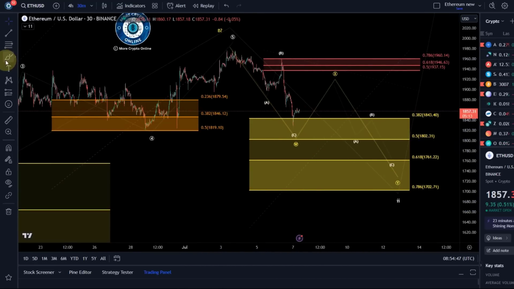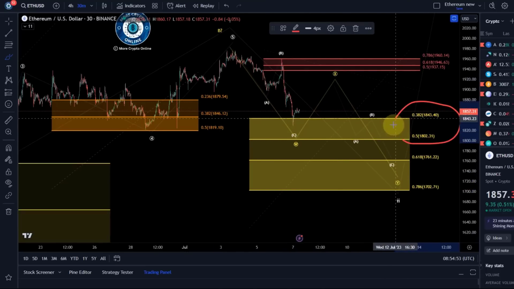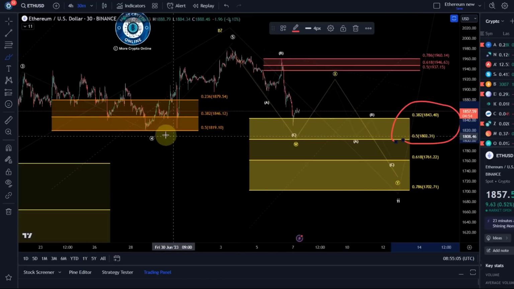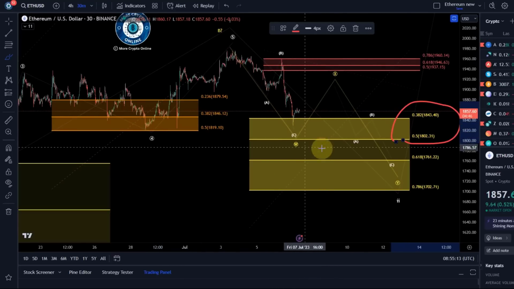I told you that larger bounces in these wave 2 corrections often occur between the 50% retracement and the 38.2 retracement. In this case, between 1802 and 1843. This is the area to watch. And the 1820 level in between is structural support. It seems like we are reacting at the moment to that area.